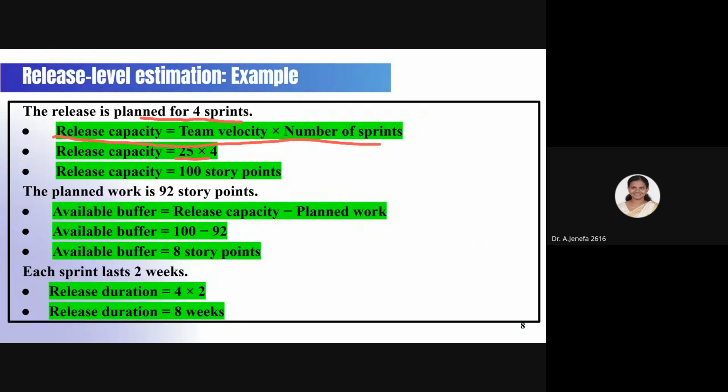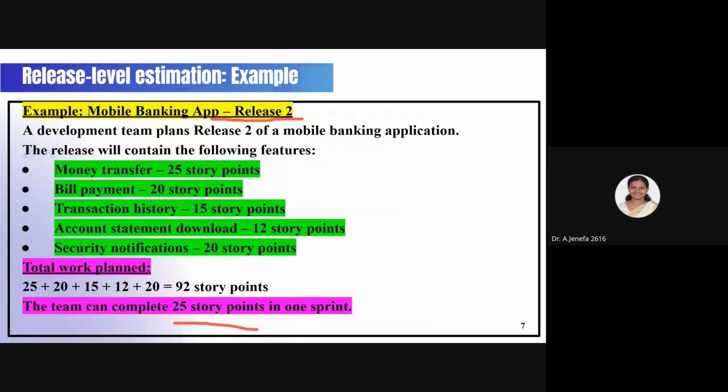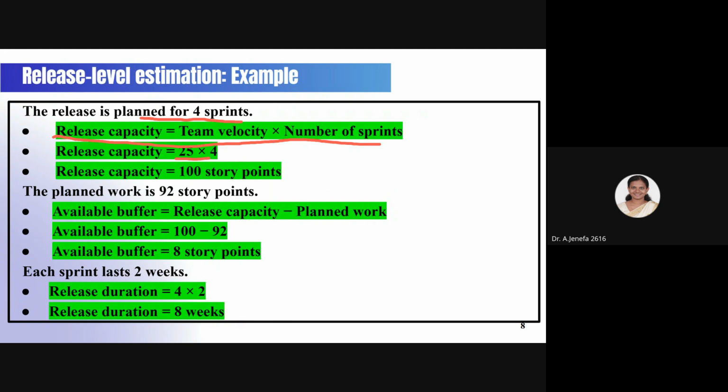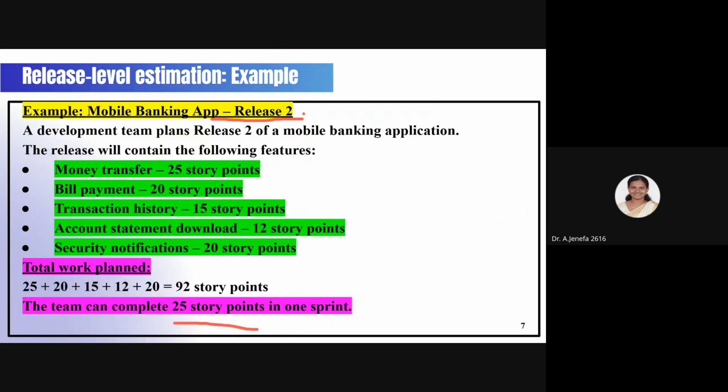So 25 into 4 is 100. Release capacity equals 100 story points. In one sprint they can complete 25 story points, and with 4 sprints they can complete 100 during this duration of releasing app version 2.